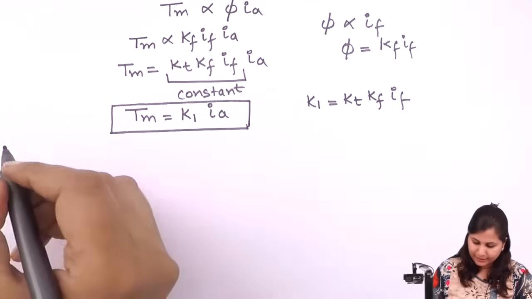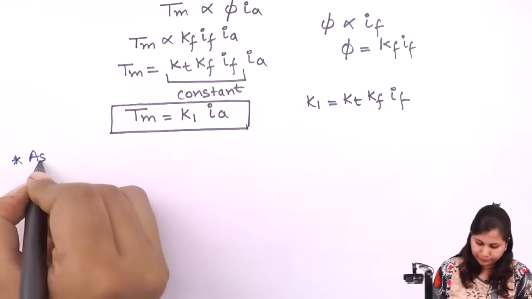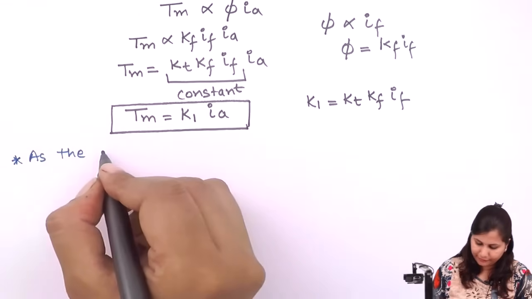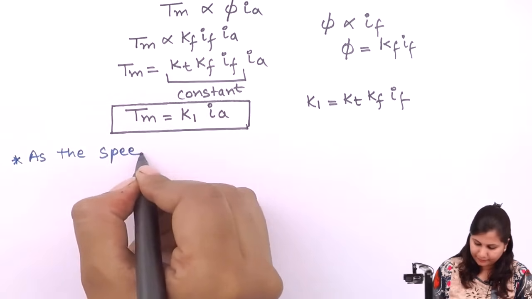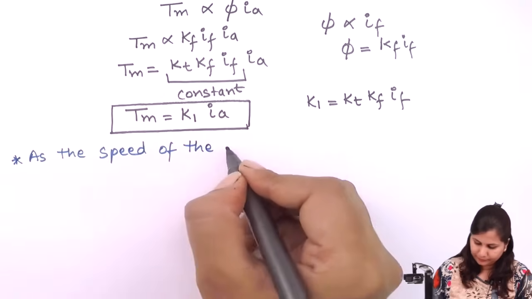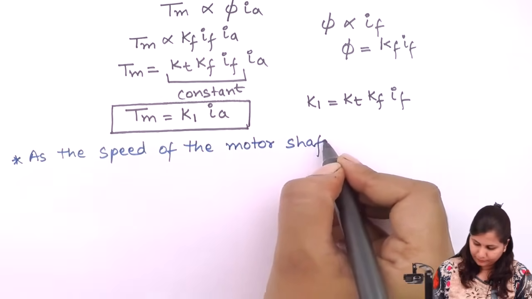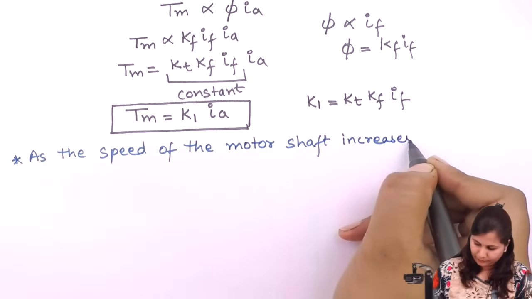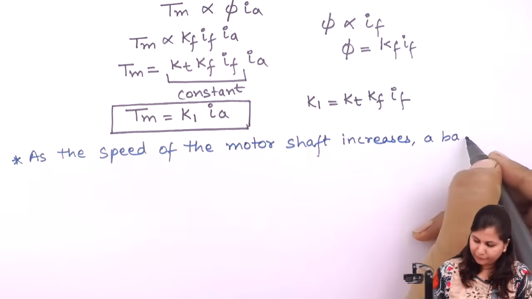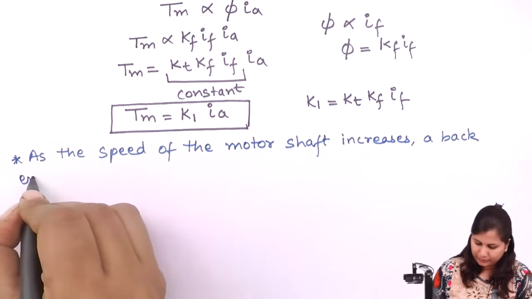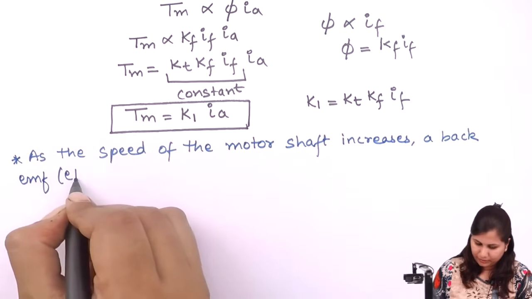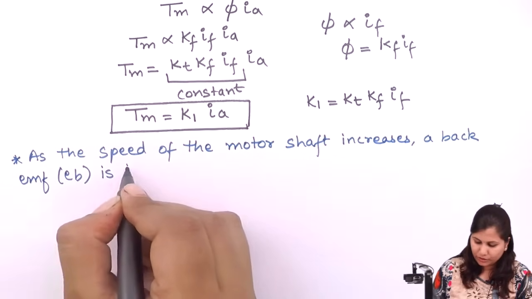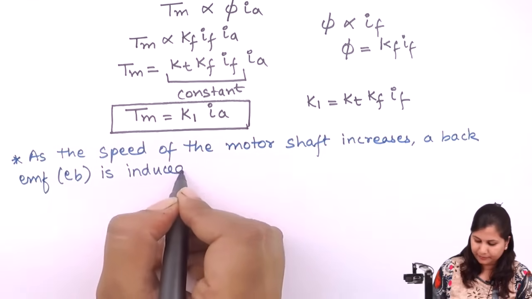Okay, so this is the torque, and this torque is proportional to the armature current. So as the speed of the motor shaft increases, a back EMF EB is induced in the armature circuit.